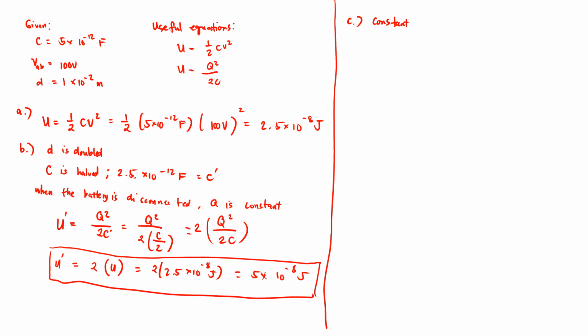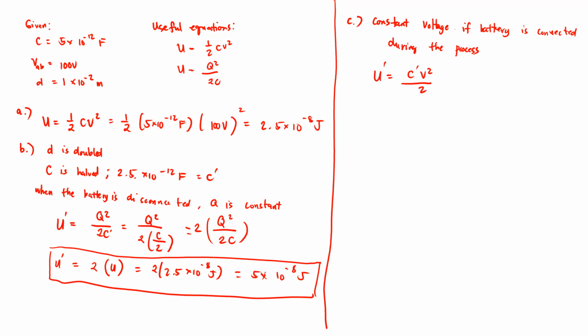So take note that if the battery is left connected while the conductors are separated to 2 centimeters, the voltage is constant during the process. So we have U prime is equal to C prime V squared over 2.